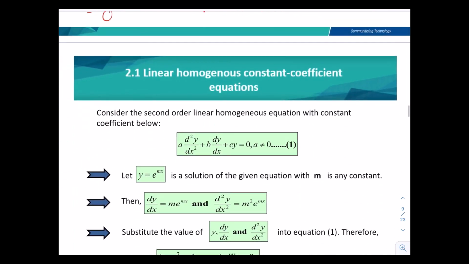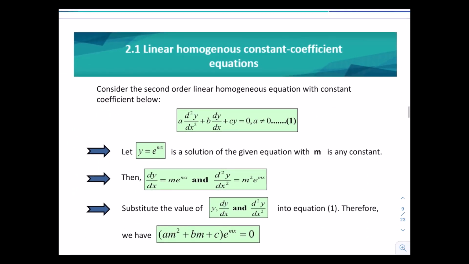Now we go to the method on how to solve linear homogeneous constant coefficient equations. Consider the second order linear homogeneous equation with constant coefficients as below. First, let y equals e^(mx) be a solution of the given equation, with m any constant.